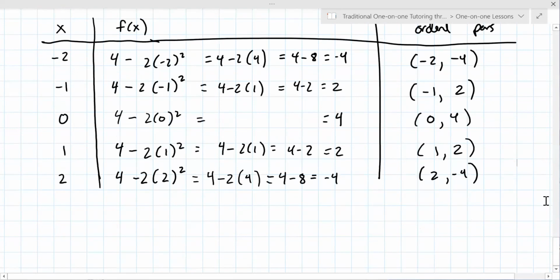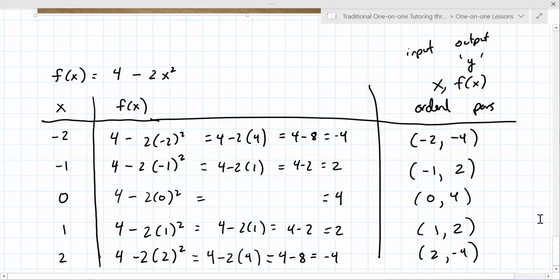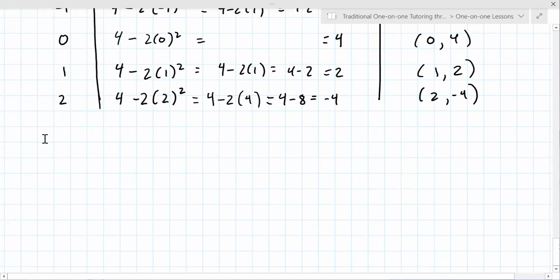Do you have any graph paper? No, we'll just do it here. In the future, maybe have some handy. I don't know how much graphing we'll do, but we're going to graph these points. This is one of the nice things about this format.